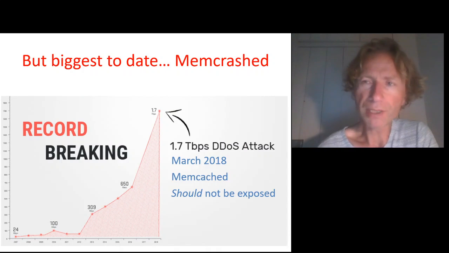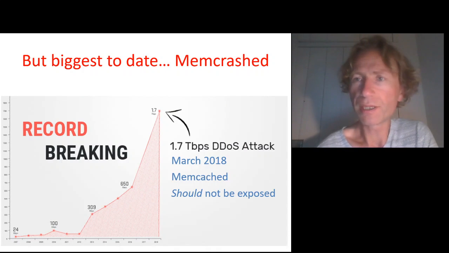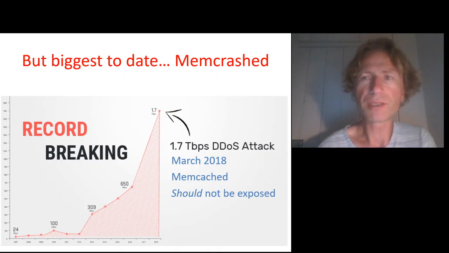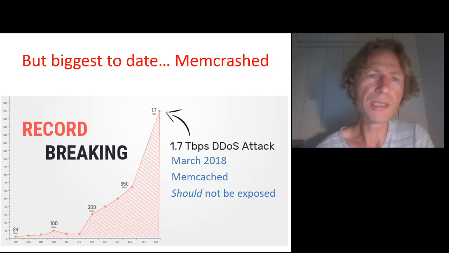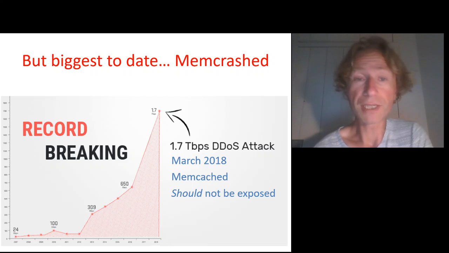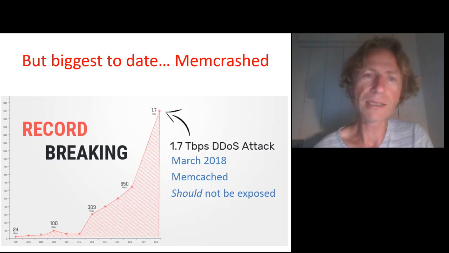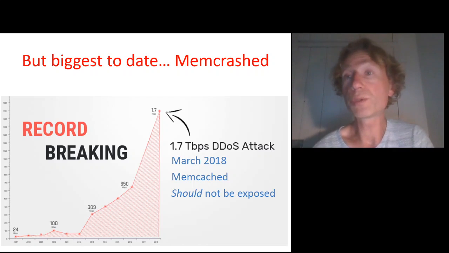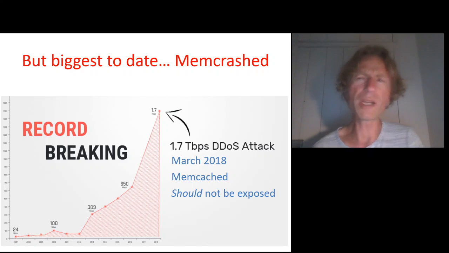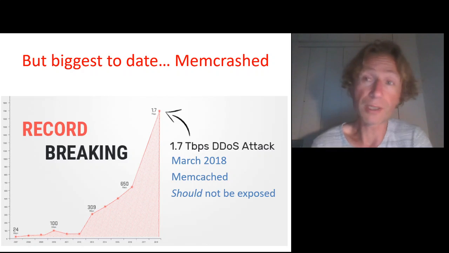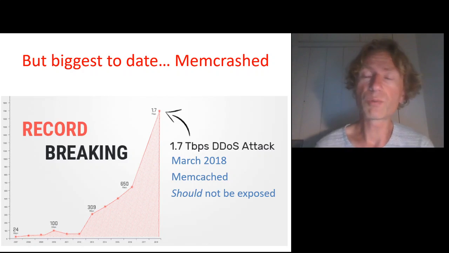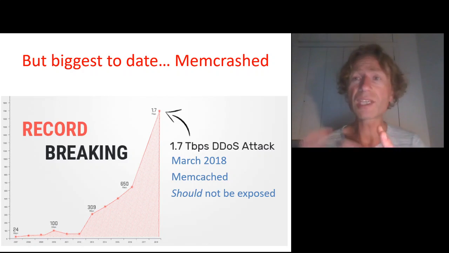The most impressive attack that we've had, at least in recent years, was the memcached attack, which is also an amplification attack. It's caused by memcache daemons, memcache servers that for some reason were exposed on the public internet. It's unclear why anybody would want to do this, but these machines were on the public internet, and these are key value stores.